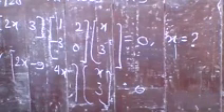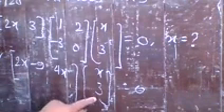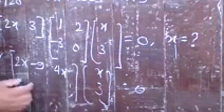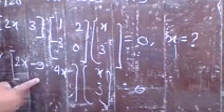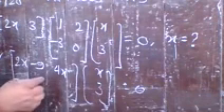Now proceed again. This matrix is of order 1 by 2 and this matrix is of order 2 by 1. Check it: the number of columns of the first matrix is the same as the number of rows of the second, so the product between these two matrices is also possible.